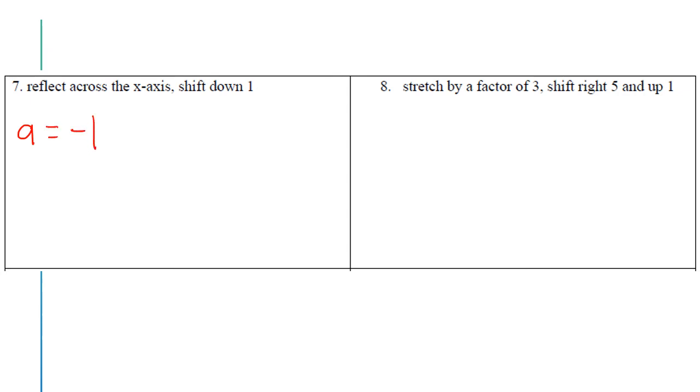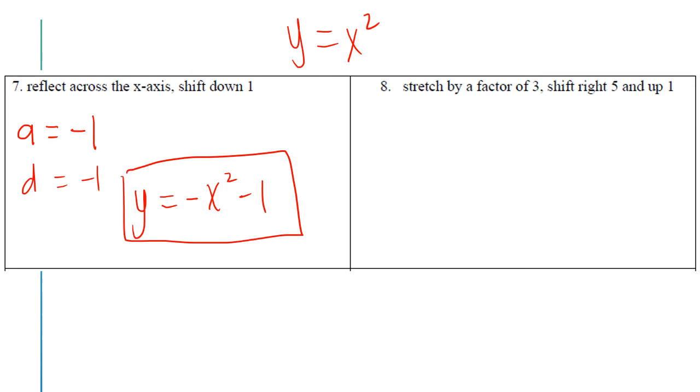To shift down 1, that means that I'm using d, and my d equals -1. So again, we're using y equals x squared. A and d affect my output, so they're not going to have anything to do to the x. So my function is going to be y equals -x squared minus 1. That would be my function, okay?